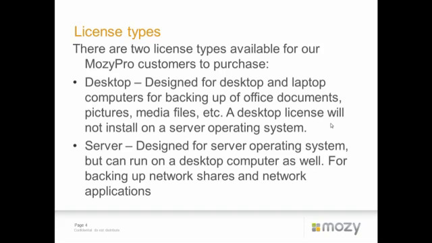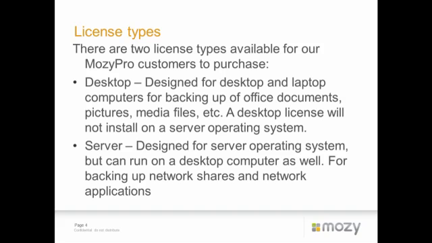It's designed for backing up Office documents and pictures and media files and such that might be important to your business or important work files for your employees. A desktop license, however, will not install on a server operating system. As part of the install routine, it looks at what operating system you're installing it on and will act accordingly.